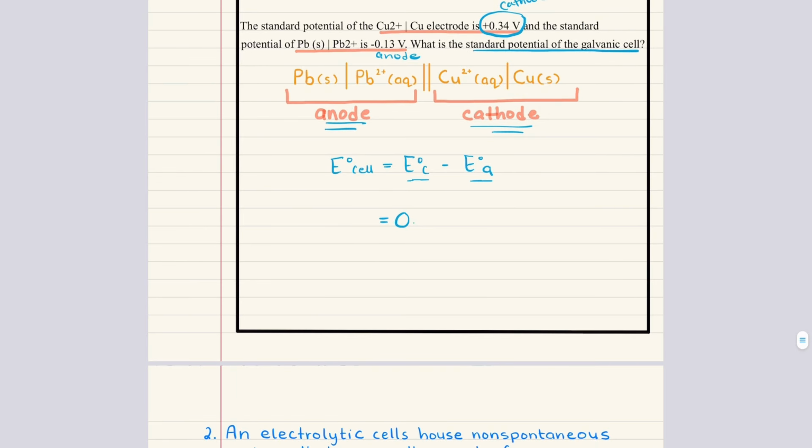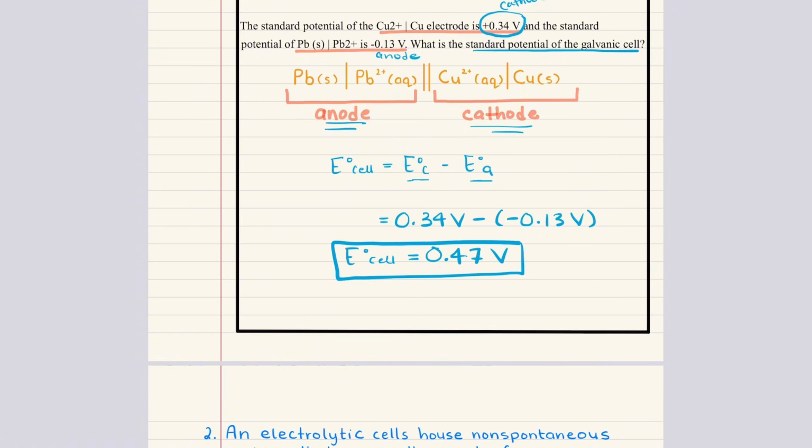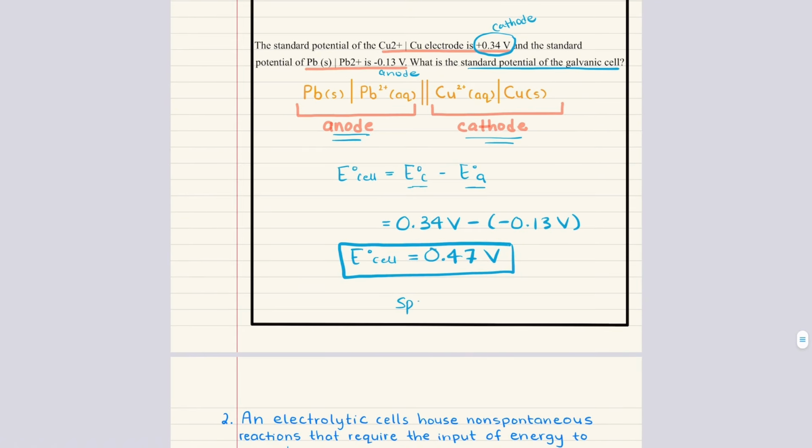So we take positive 0.34 volts minus negative 0.13 volts. Subtracting a negative is equivalent to adding. So our result is 0.47 volts. Because this value is positive, the redox process is spontaneous, which is exactly what we expect for a galvanic cell.